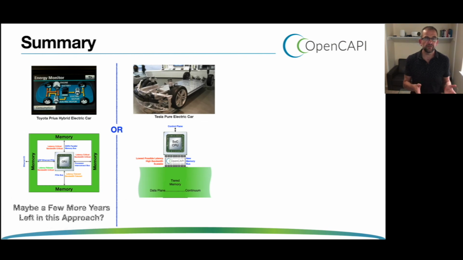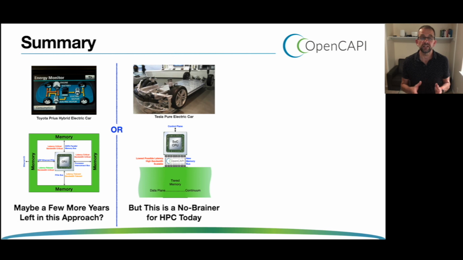In summary, we do have this hybrid world that we've come from. It's been around for 15 years. Hybrids are not going away on the hybrid car front, and so maybe we've got a few more years left in this approach. But one thing's for sure: the purity of the data-centric approach is a no-brainer for high-performance computing applications today.